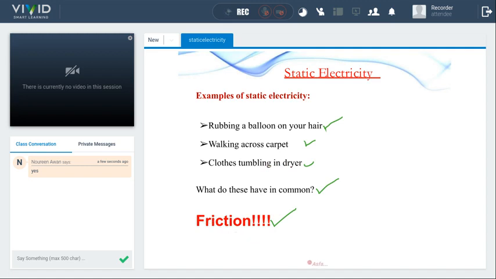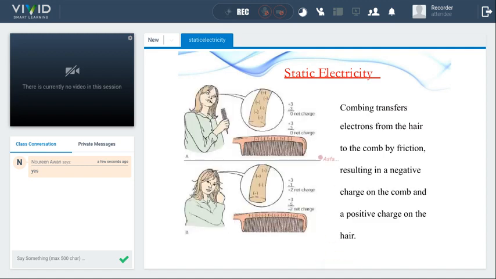So static electricity transfers electrons from the hair to the comb by friction, resulting in a negative charge on the comb and a positive charge on the hair. That is again the concept we discussed with the balloon, because due to the imbalance of charges, one object gets a negative charge, and the other object gets a positive charge.